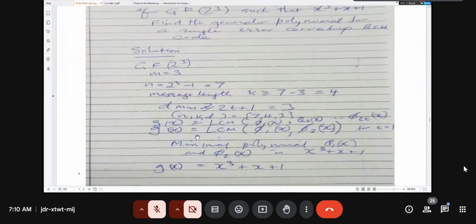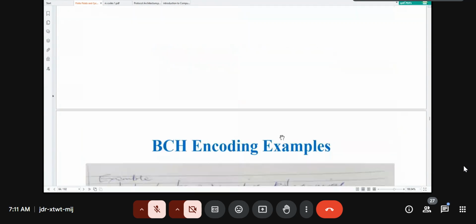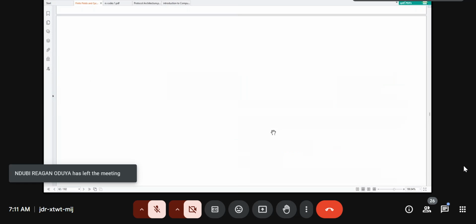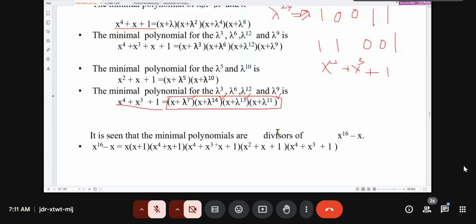So in the case of a single bit error correcting code, we are looking for the minimal polynomials phi 1(x) and phi 2(x) because t is equal to 1. So you have only two minimal polynomials. The minimal polynomials also depend on whether you're dealing with 4-bit messages or 3-bit messages.